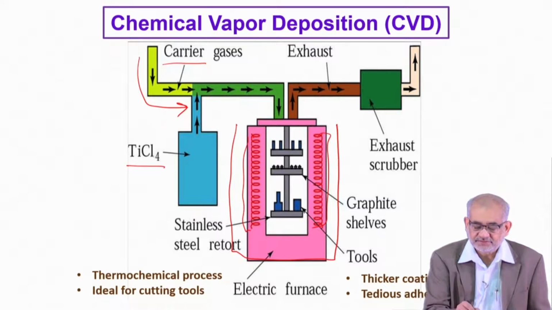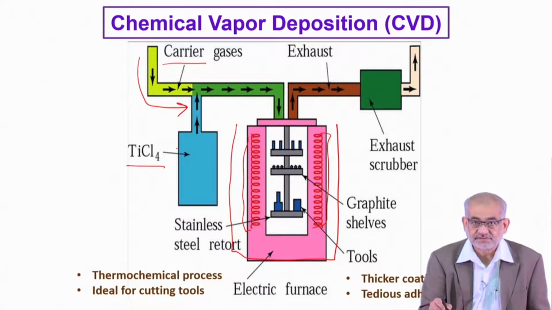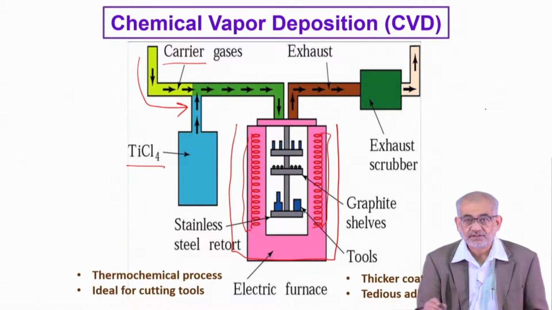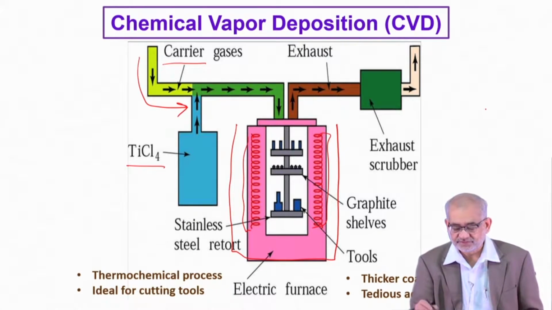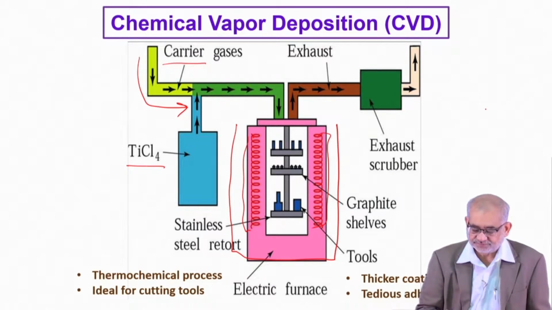Hydrogen reacts with TiCl4 and produces hydrochloric acid vapor, and that vapor goes into the scrubber chamber, which is showered with water, and then the acid is collected and taken out or given the requisite treatment before disposal.